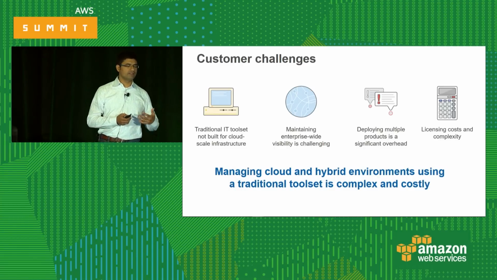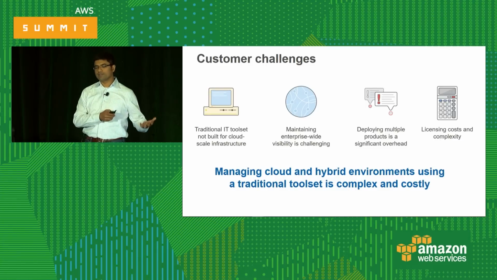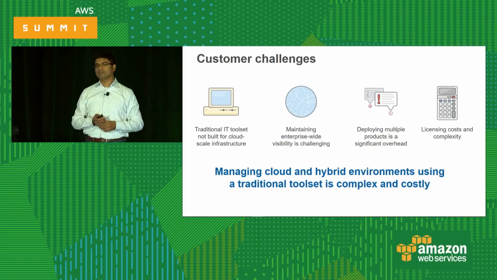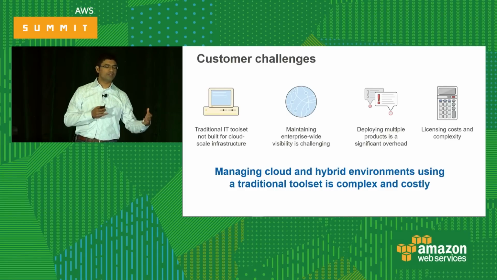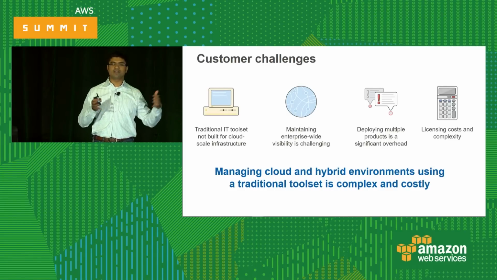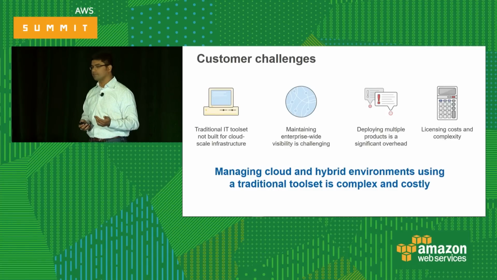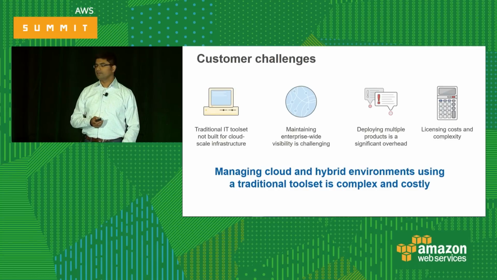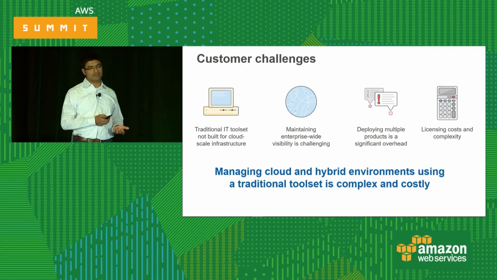What happens then is you have to create two different systems, a set of tools perhaps that work well with AWS and a different set of tools that work with on-premises. And when you do that, you don't get a single pane of glass. You don't get visibility across all your resources. What also happens is that when you try to integrate these kinds of tools together, you end up having significant complexity.